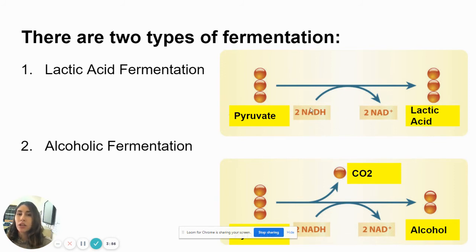In addition, you will notice that this molecule known as NAD is being made. NAD is simply an energy carrying molecule, okay? You don't really need to know too much about it in terms of details, but what you need to understand is NAD is an energy carrying molecule that will then be used in glycolysis to help glycolysis take place, okay?